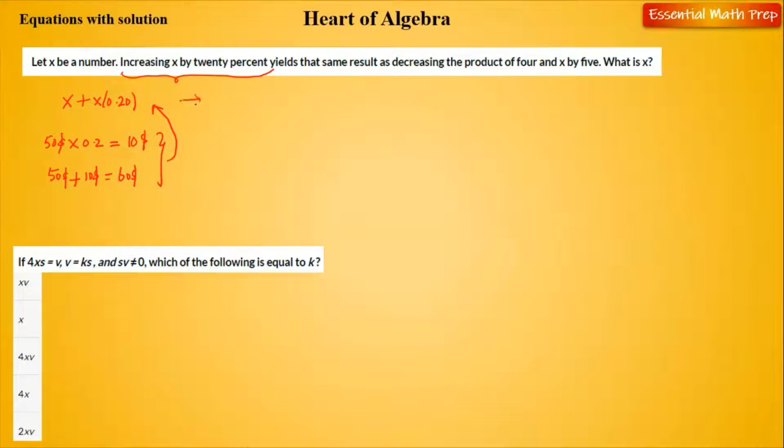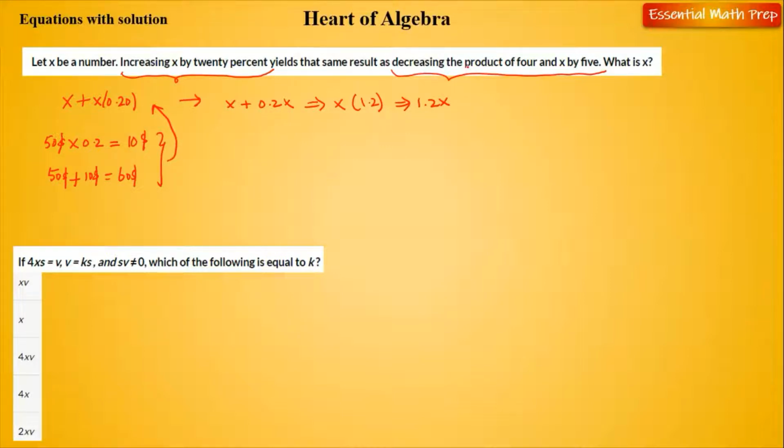This is nothing but x plus 0.2x, right? So you can take x out of the bracket, which would leave you with 1.2. So essentially this is 1.2x. That's one part of the problem. The second part is decreasing the product of 4 and x by 5. Simply write it the way you see it.